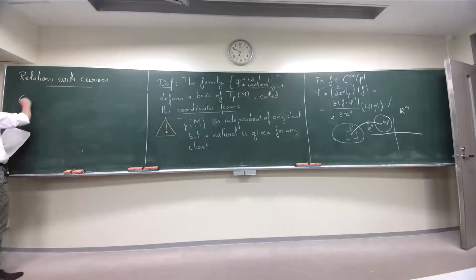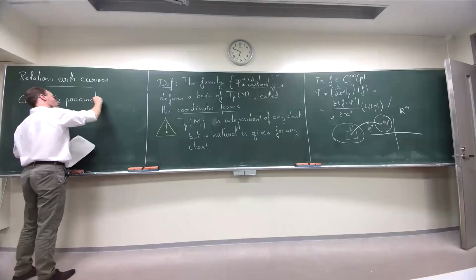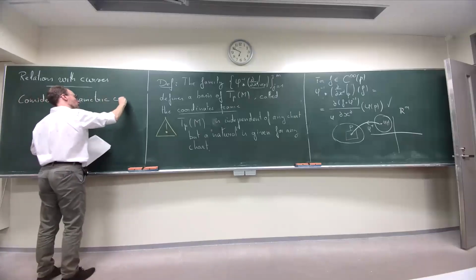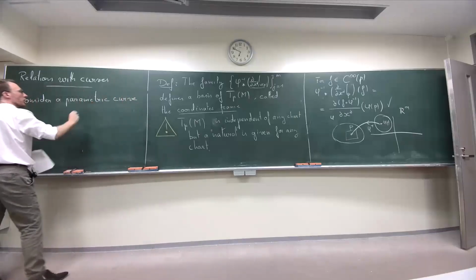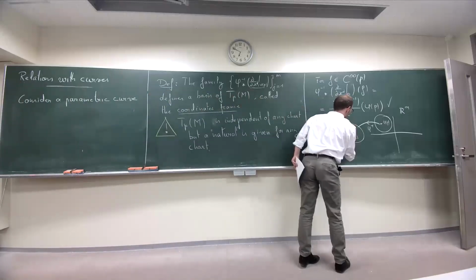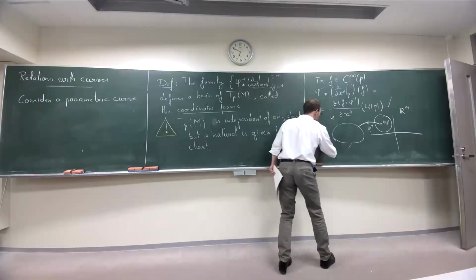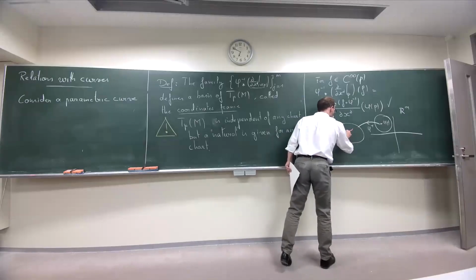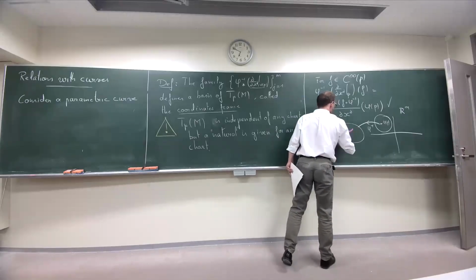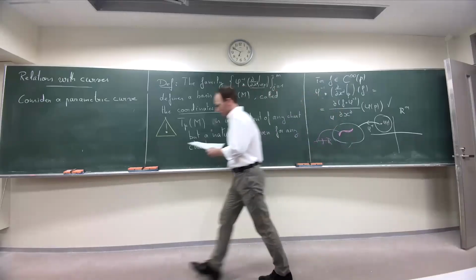So we consider a parametric curve. You probably all know what it is. You have your manifold and a parametric curve. You have R, take a small interval, and you send it to a curve on the manifold, as if you describe a path on your manifold.